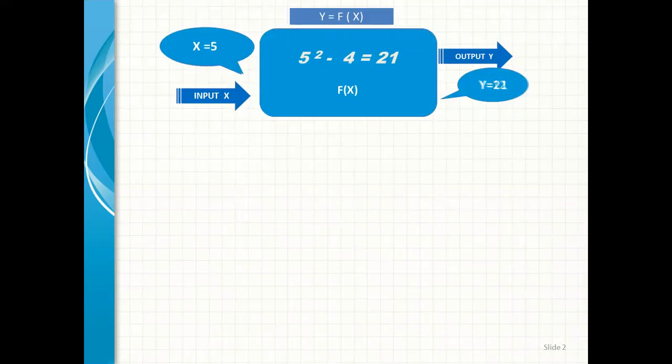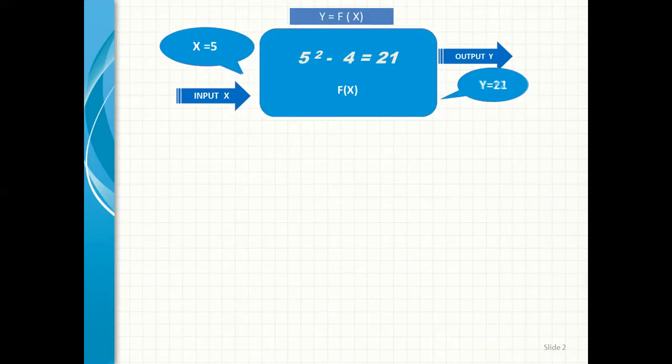Now, note this very important point when you define a function: the value of y has to be unique in relation to x. If I put x equal to 5 and I get y as 21, and if I put x equal to 5 again, I cannot get a value of y which is some other number other than 21.